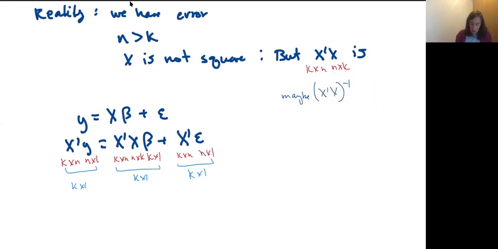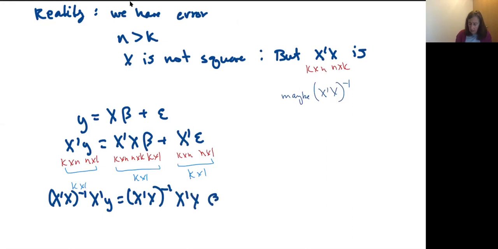So now we have, let's get back to the colors that I like here. X prime X inverse X prime y equals X prime X inverse times X prime X beta plus X prime X inverse X prime epsilon.